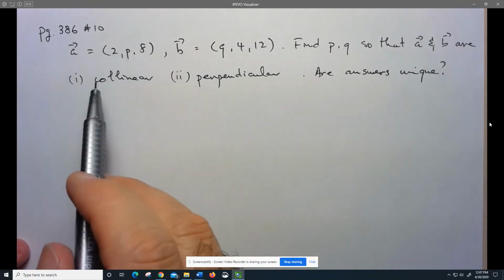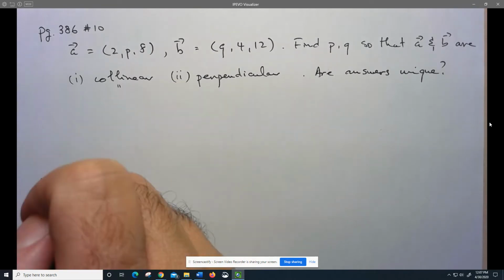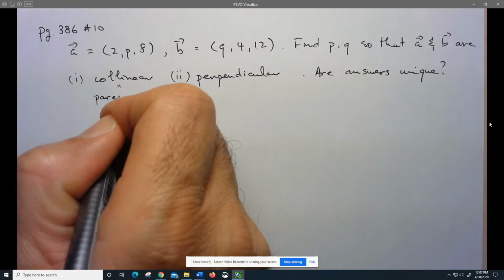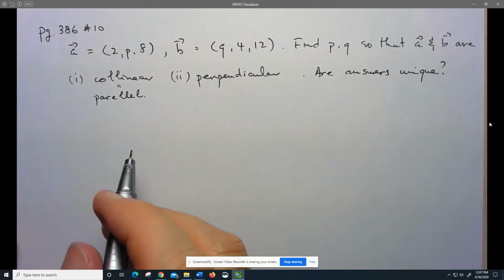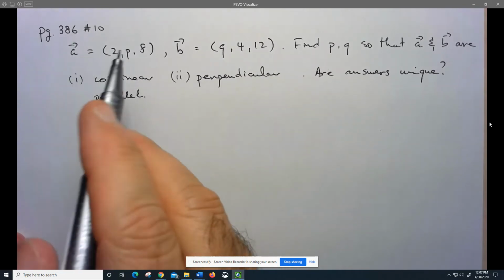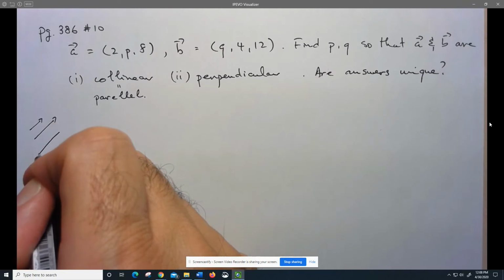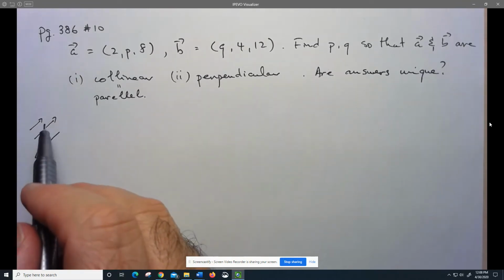All right, so let's take a look at collinear. Now, let's recall we would have used another term for this. We would have referred to two vectors being parallel, but that's identical to being collinear. So if two vectors are parallel to each other, they could have different magnitudes, they could have the same or opposite direction.